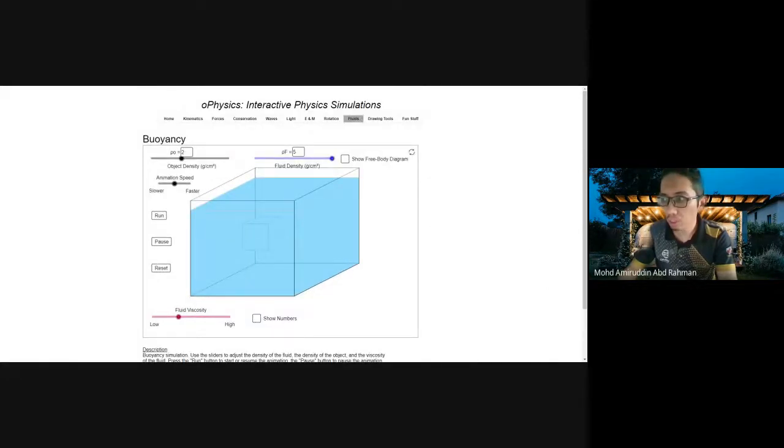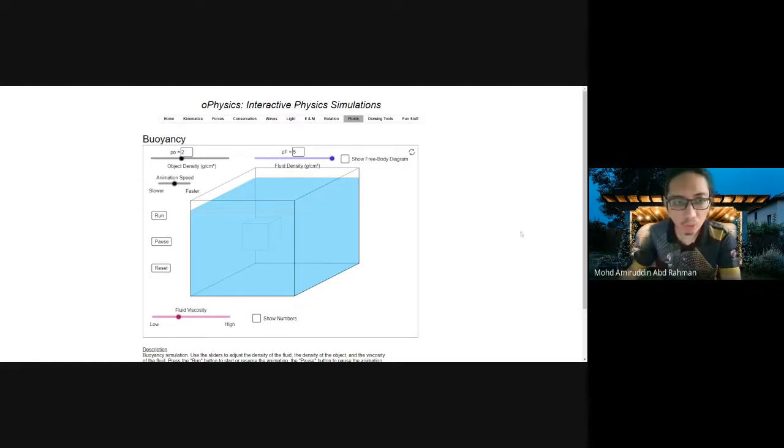You just follow the instructions over there. So we have a question there. You need to answer: if we decrease the mass of the object while keeping the volume constant, what happens to the density? This is simple, so you can answer that.